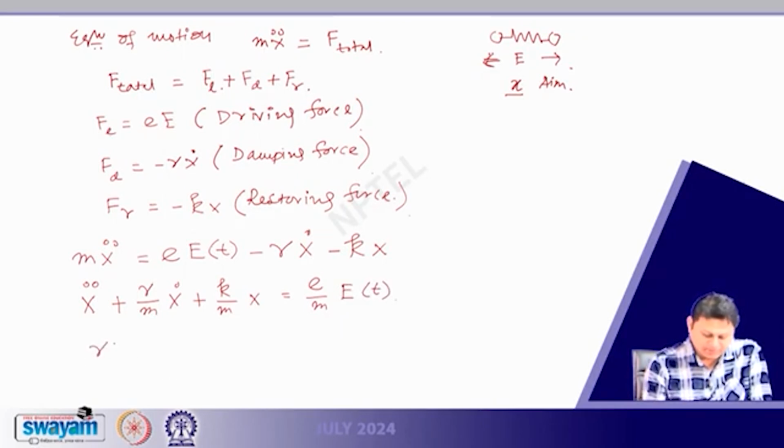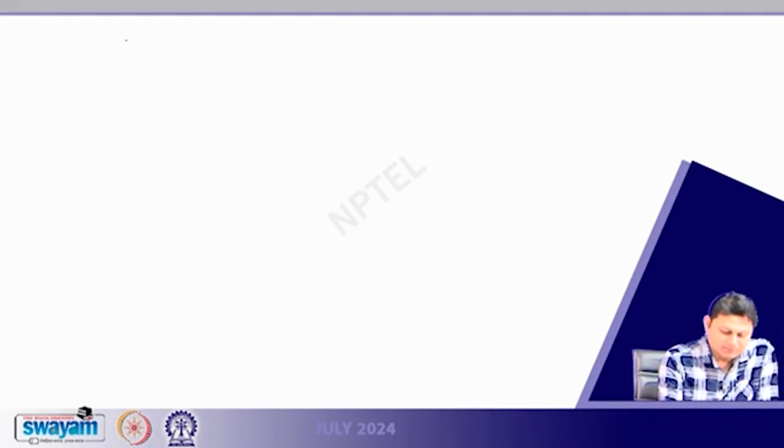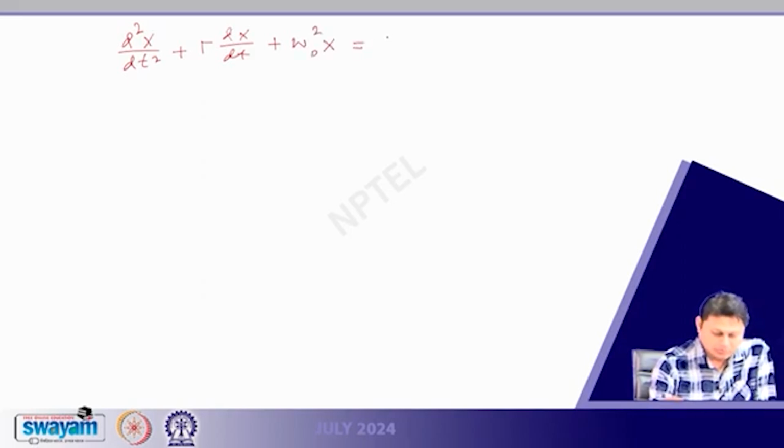So just rescaling this, say gamma by m, if I write big gamma, and k by m, if I write this as omega naught square, this is the characteristic frequency or resonance frequency, then the differential equation takes the form d2x dt square plus gamma dx dt plus omega naught square x is equal to e by m E, function of time.